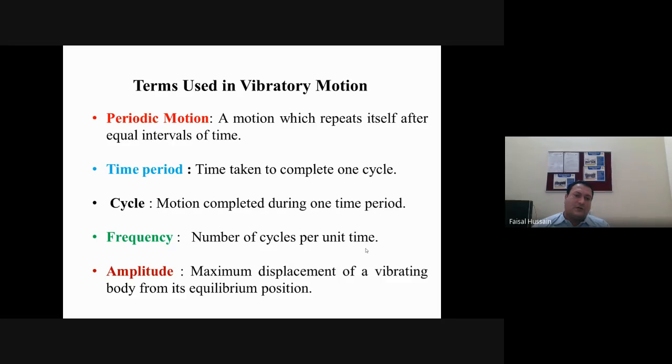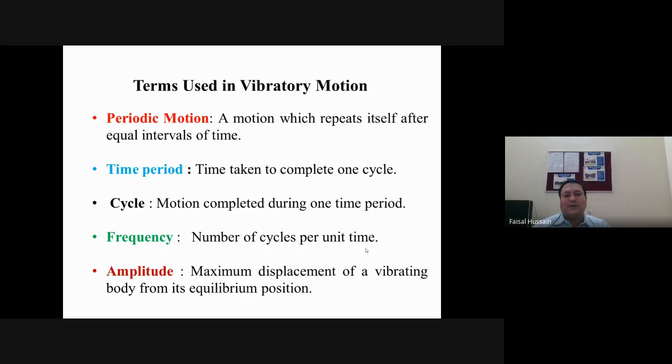So, for frequency, number of cycles per unit time is needed, and for cycles in one time period, the motion which will be completed is needed, and for time period, the amount of time taken to complete one cycle is needed. So see, all these things are interrelated.